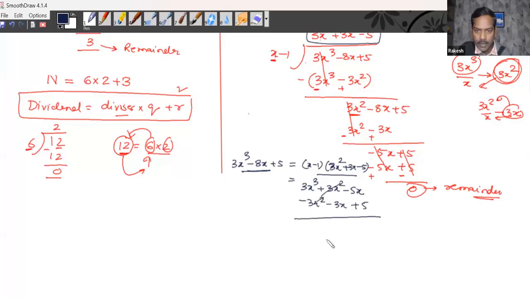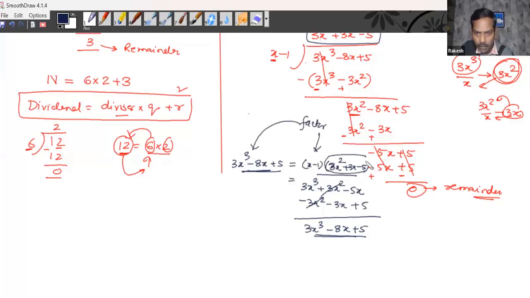So here we can see that this will get cancelled out. I'll be getting 3x cube. These two together are like terms, so they will be added. Both are in minus sign, so minus 5 minus 3 will become minus 8, plus 5. So you can see that this is equal to this. So this also happens in polynomials, right? So this is a factor of this.